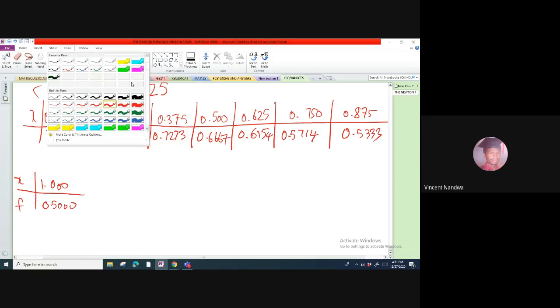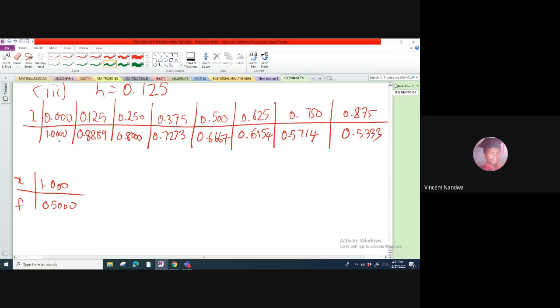You can label these ordinates as f0, f1, f2, f3, f4, f5, f6, f7, f8.